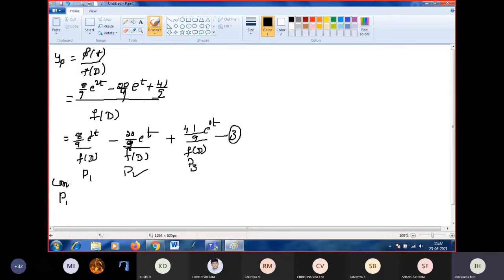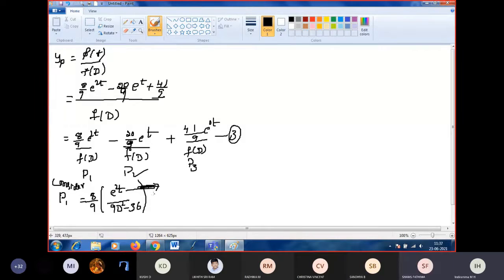Now consider P1. What is P1? 8 by 9, you can keep it out, e power 2t by f of D, which is D square minus 36 with 9 common in the denominator.